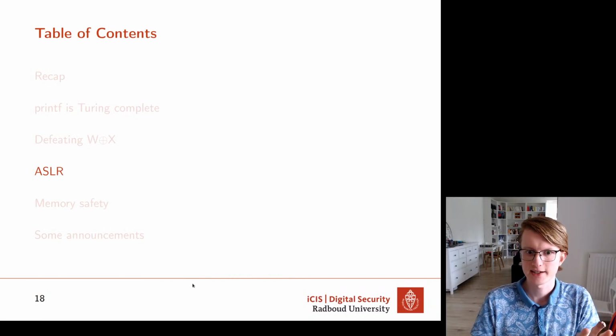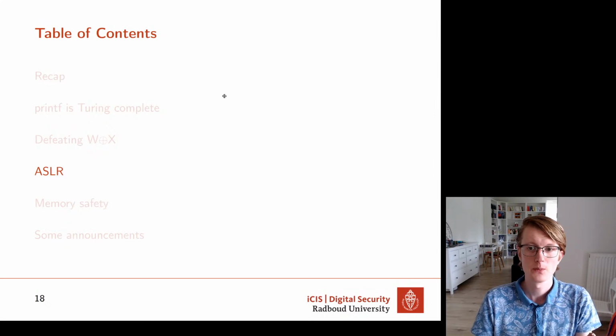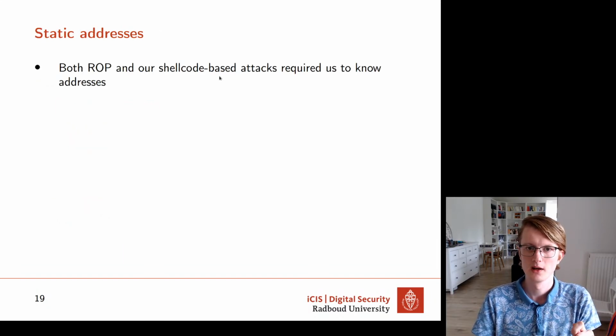This type of attack is quite powerful, and it is something that prompted the introduction of ASLR. That is a protection that's based on the fact that these attacks that we've used, both return-oriented programming and shellcode-based attacks, required us to know exactly where we needed to go.